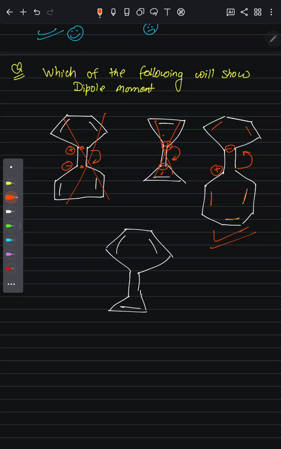Why? Because if we put this type of dipole moment, this will also become aromatic, and this also becomes aromatic, 6 pi electrons and 2 pi electrons. So this also has a dipole moment. So these two, A and B, do not have a dipole moment, and C and D will have a dipole moment.